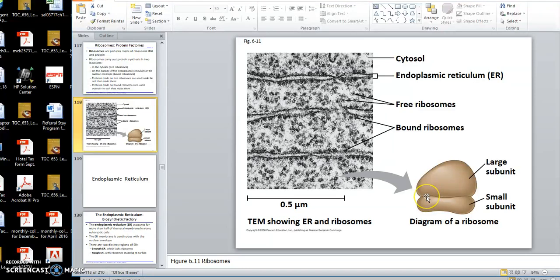But when they get ready to be called forth in the cell cytoplasm for a job, the two subunits will click together and form this. So they exit initially, and until they're ready to be used, there'll be a separate large subunit floating in the cell cytoplasm and a small subunit floating in the cell cytoplasm.